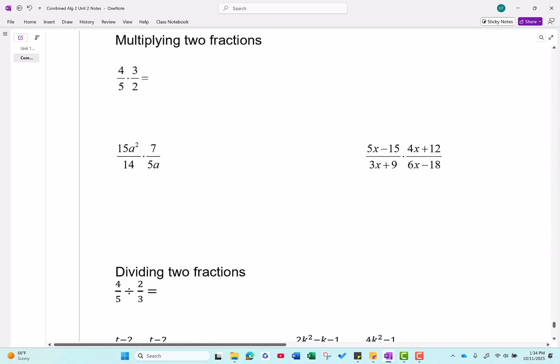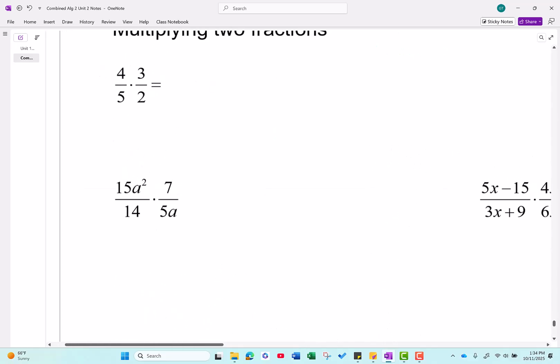Now what we do when we multiply. Just a reminder, if we have 4/5 times 3 over 2, you can just multiply across and end up with 12/10. But what you can also do is see that 4 is basically just 2 times 2.